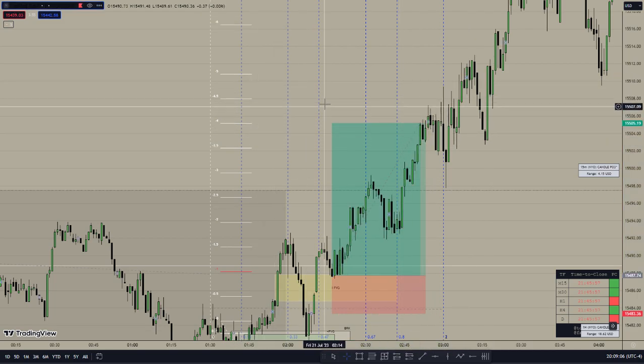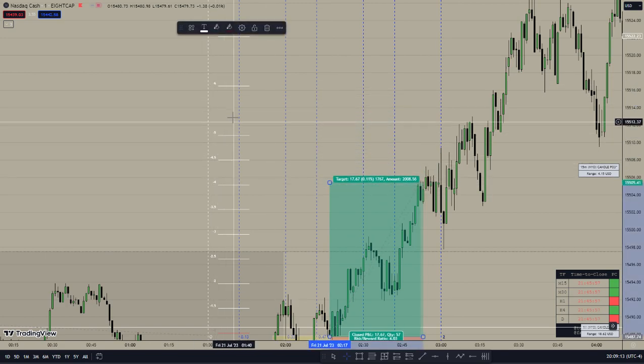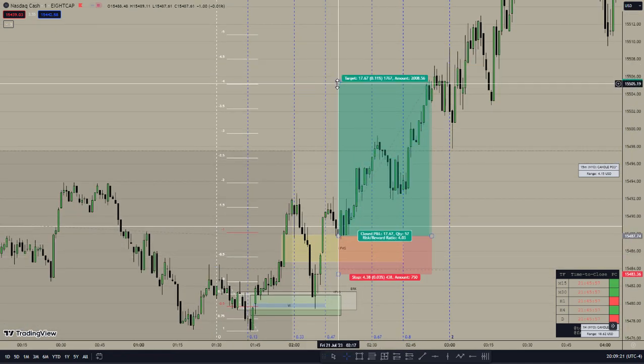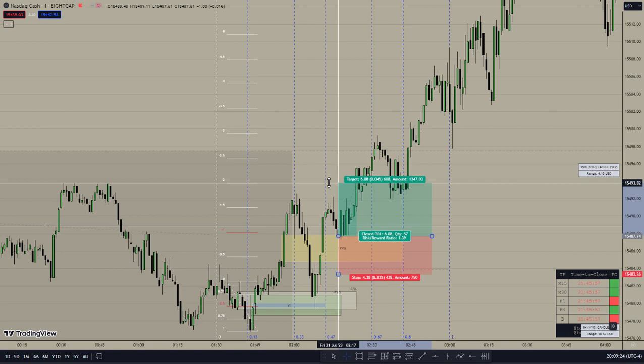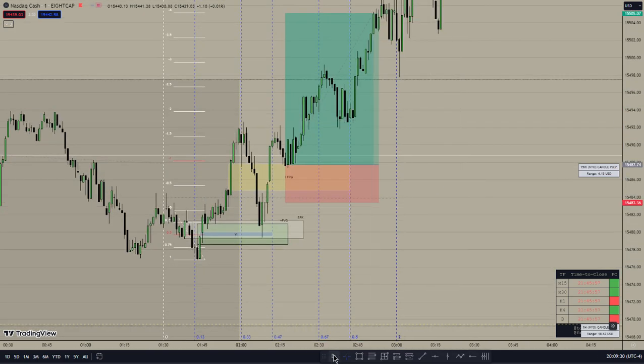So if you put your take profit above this level, for example, right here, above this level, I don't trust it too much. Me personally, I don't trust it too much. So if I take a trade like this, I will put it right there, or at least right here. Okay, that's it.